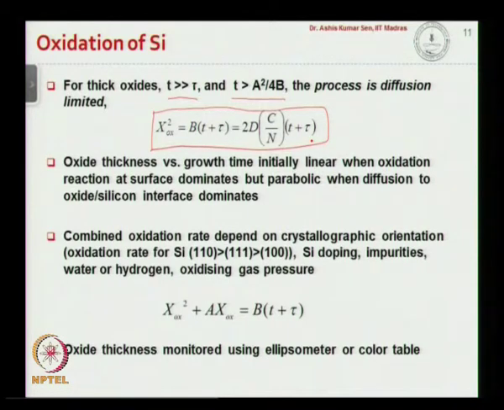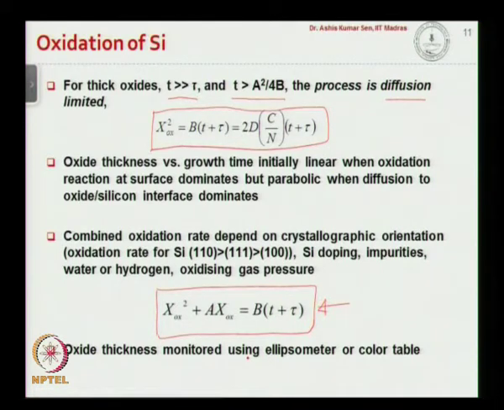For the combined oxidation rate, the case where it is reaction rate limited and the case where it is diffusion limited, we can combine the two to find a generic expression that can be applied for any time. So this is a generic expression: square of oxide layer thickness plus A into oxide layer thickness is B into (t plus tau).